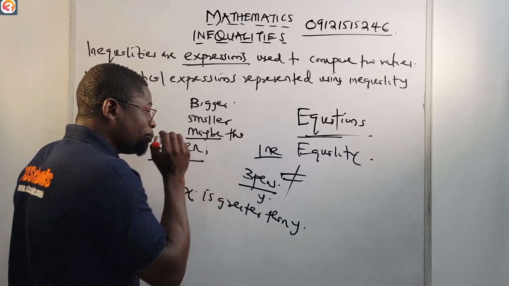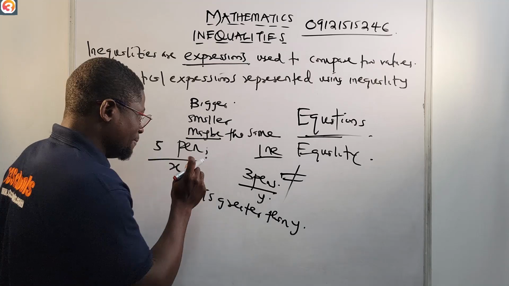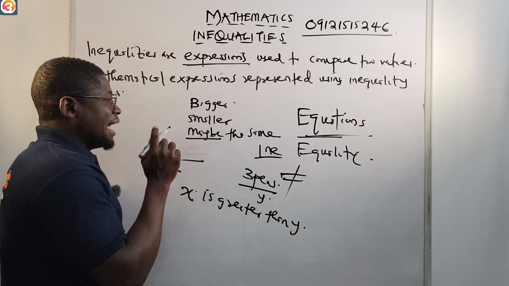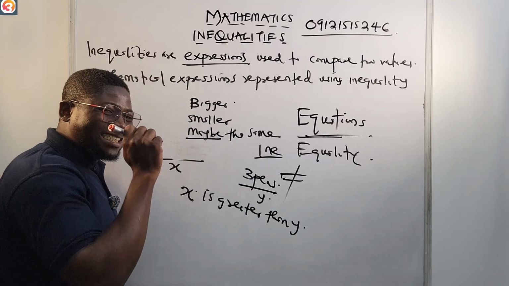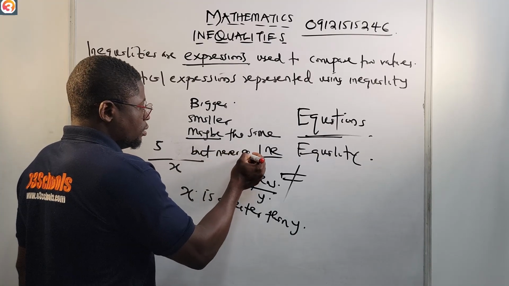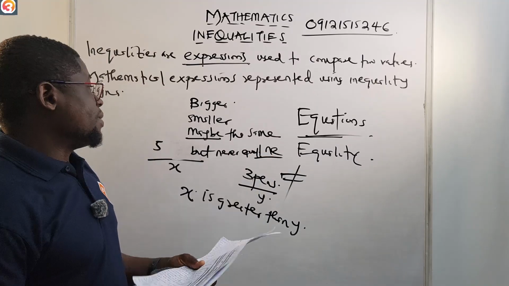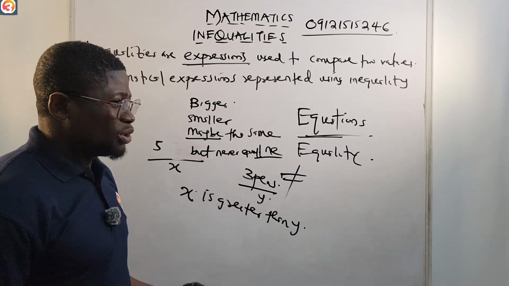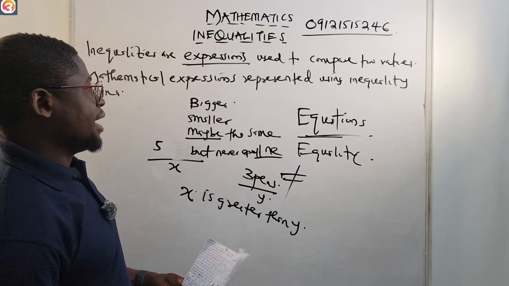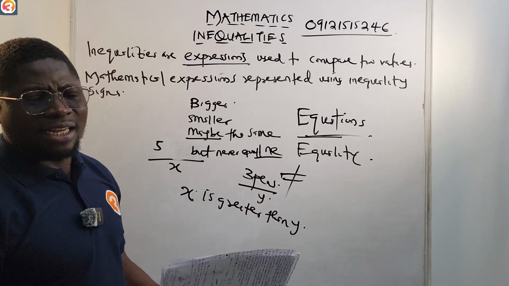Maybe there's a reason why I'm putting maybe here: maybe the same, but never equal. That is inequality. Compare values to see which one is bigger, which one is smaller, which one is maybe the same, but never equal.